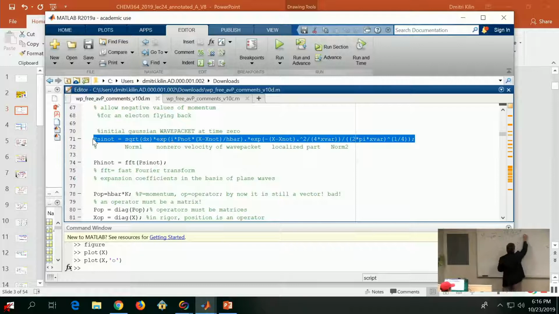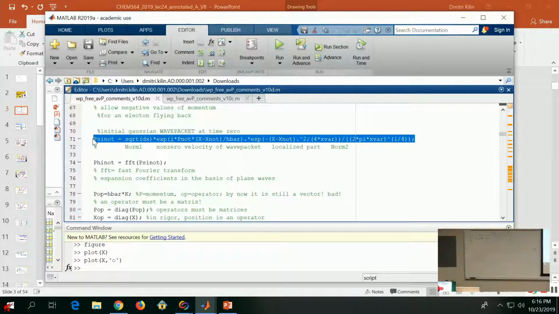Another exponential, e to the power negative (x minus x naught) squared divided by what is next? 4 x... Four.